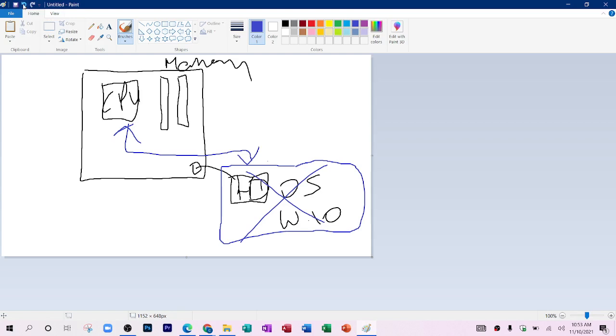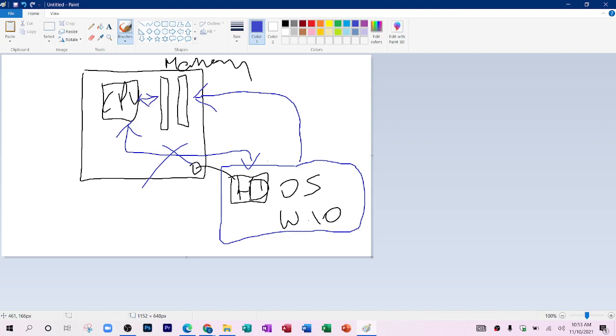So you basically need something that can keep the data so that the CPU can get it whenever it wants it. And that is where the memory comes into play. Instead of the CPU going directly to the hard drive, the data is going to be stored into memory, and then the CPU is going to look at the memory and pick out the data that it wants to process.